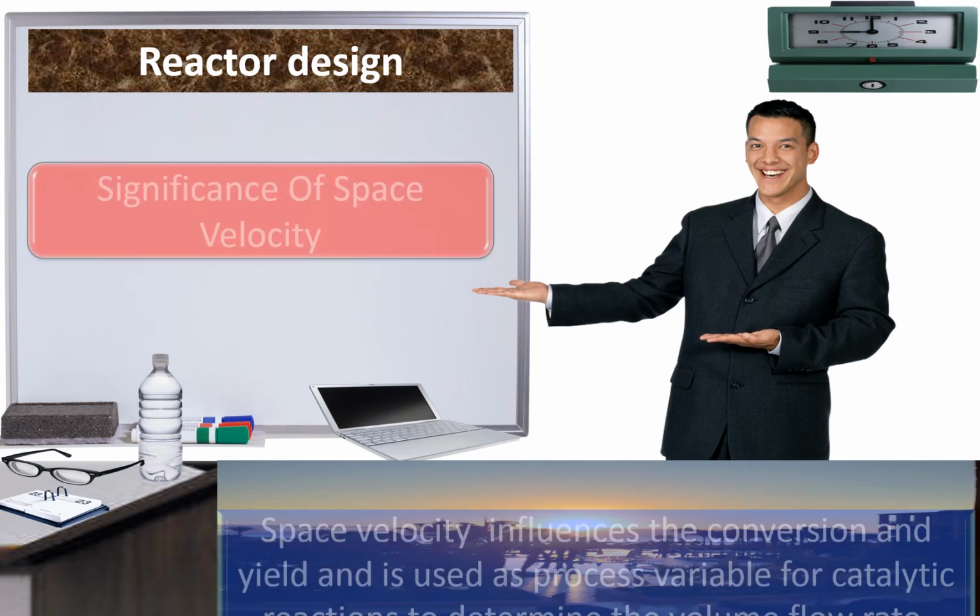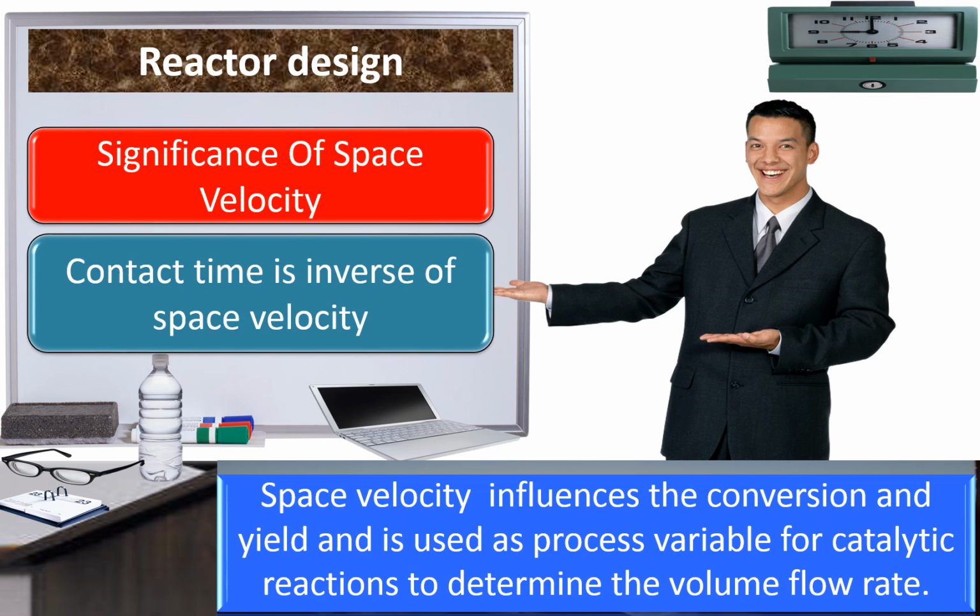Having understood the space velocity and its values in some of the common industrial processes, let us now move on to understand its significance with relation to the reactor dimensions. Space velocity not only influences the conversion and yield by minimizing the side reactions but also the reactor dimensions.